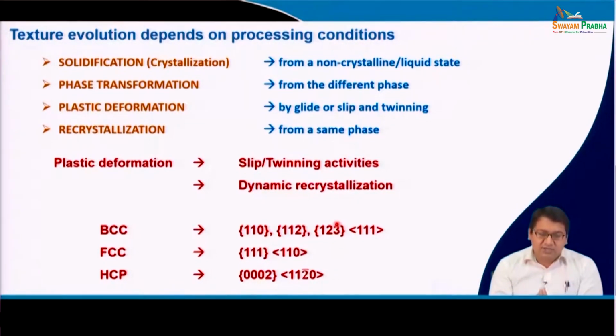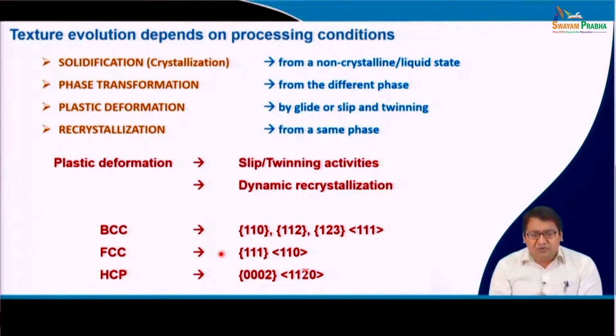On the other hand, a face centered cubic material, that is FCC, is mostly deformed by dislocation slip in the 111 plane along the 110 directions, because this is the closest packed direction and plane.